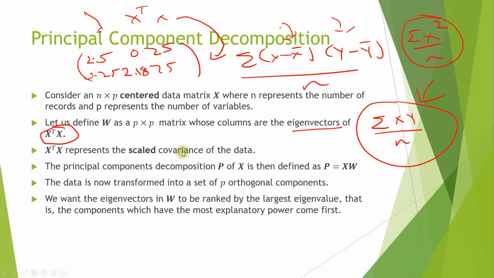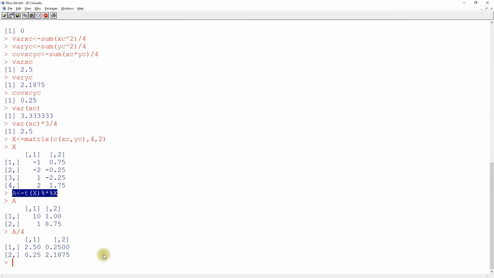So we are going to make use of the software and ask it to find the eigenvalues of that matrix, and we're going to give it the name W. So let's try to do that for a moment. We're going to find the eigenvector of this data. To do that, we're going to call eigen of A.